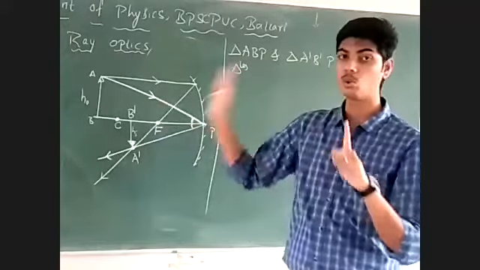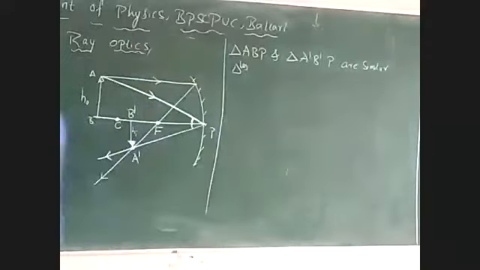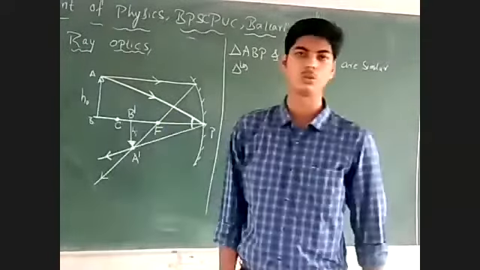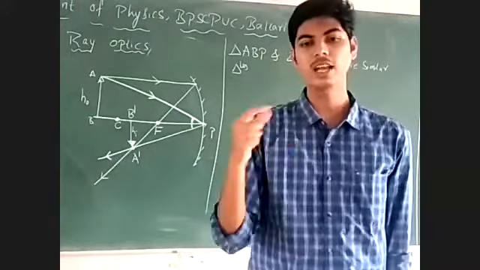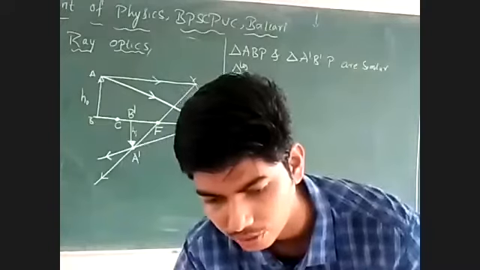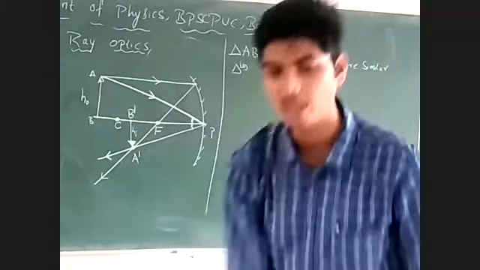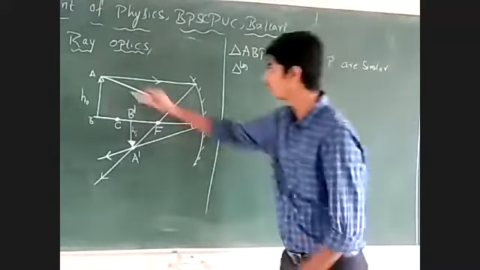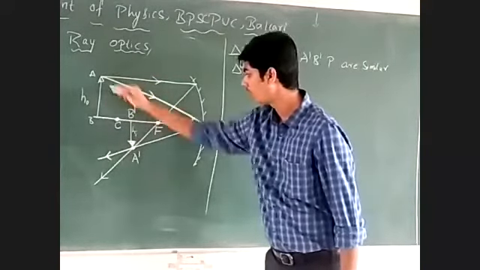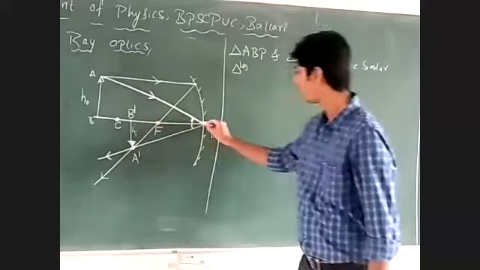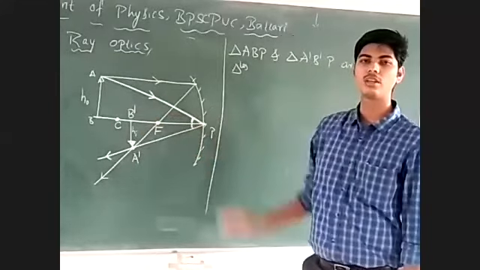See, we need to obtain an expression for magnification. And you know that magnification is height of image to height of object. So we must have object as well as image in the triangles which we consider. So I have considered two triangles: A B P, this triangle has object in it, and A dash B dash P, this triangle has got image in it.